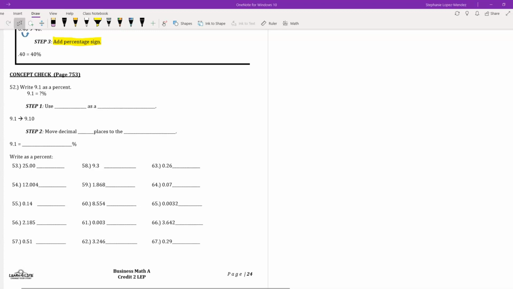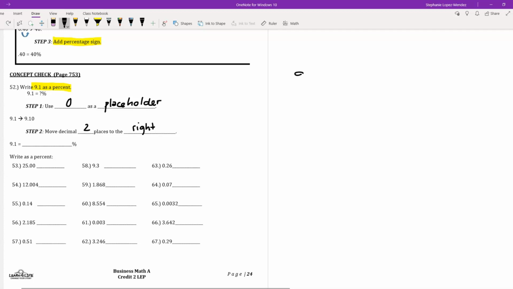So now we go to our concept check. On problem number 52, we have write 9.1 as a percent. Remember in our step 1, we need to use the 0 as a placeholder. That's our step number 1. And for step number 2, we need to move the decimal 2 places to the right.